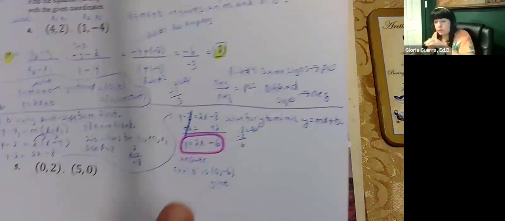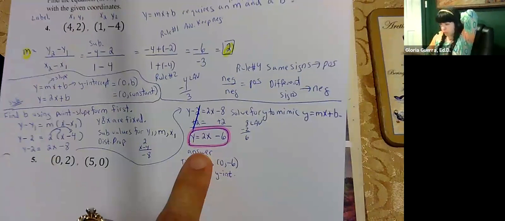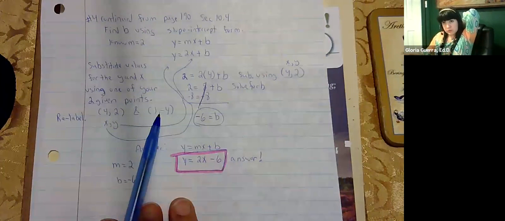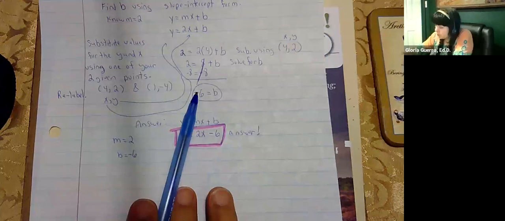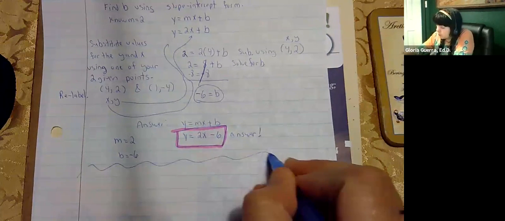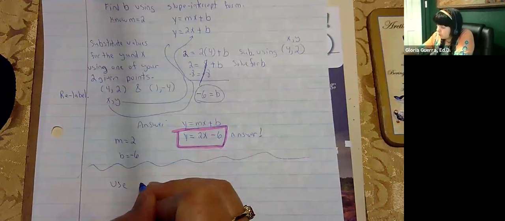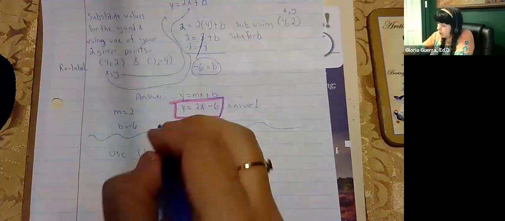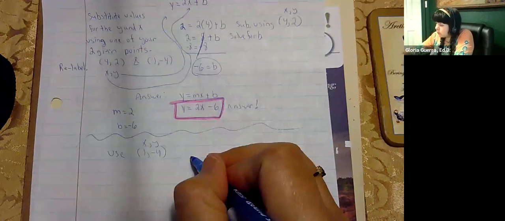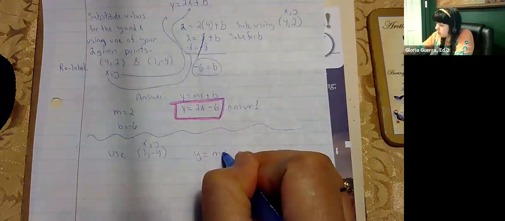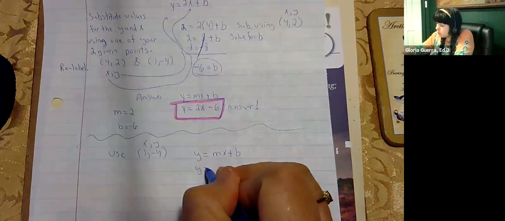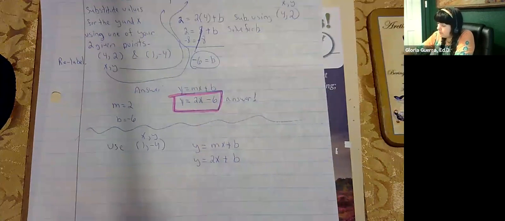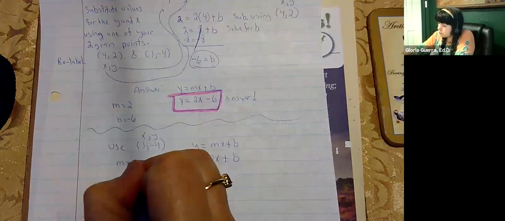Okay. Now, if you wanted to use this point, you could, and you would also find out that B is still going to give you -6. So if you wanted to use 1, -4, and make that your X, make that your Y, and then you have y equals mx plus b, y equals 2x plus b, because remember m is 2.